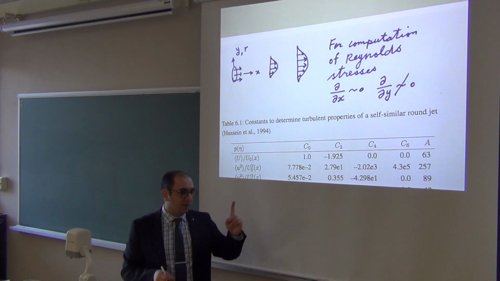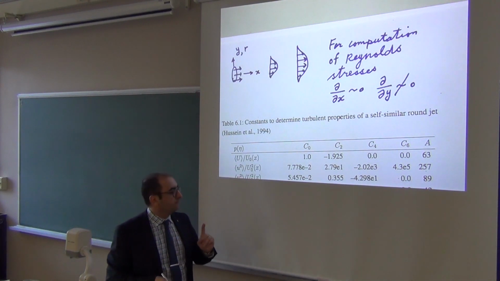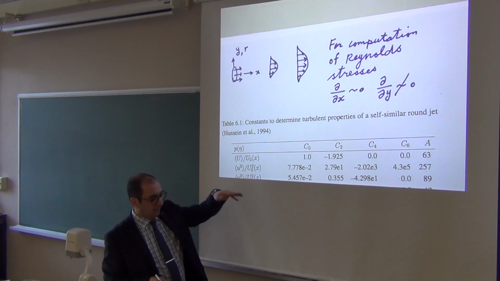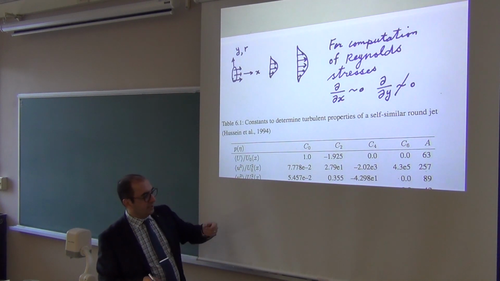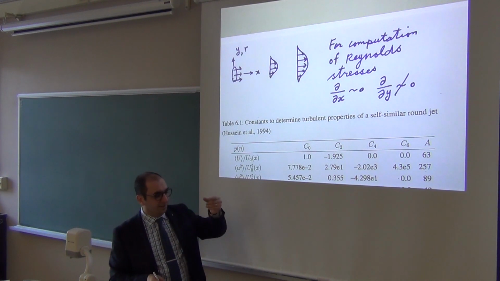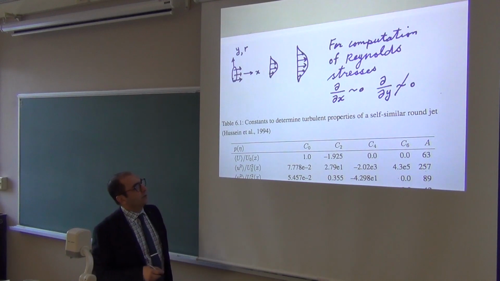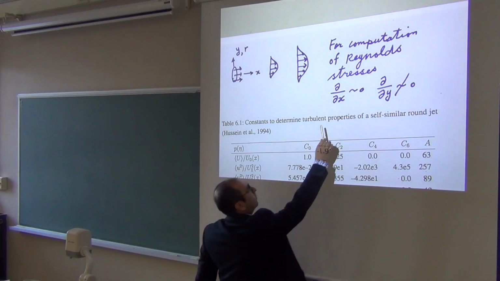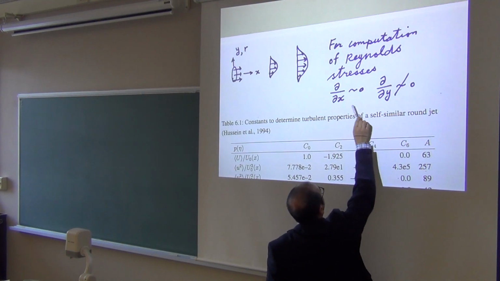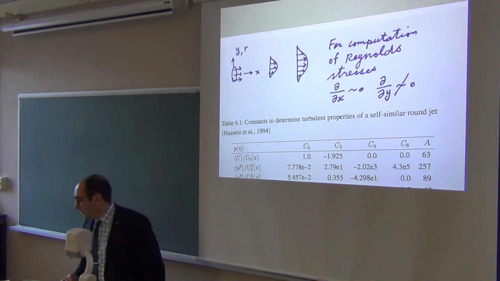Fluctuations of v don't vary appreciably along the jet, or uv or uw. But in the radial directions, they start changing significantly. So u here is different from u here, is different from u here. Okay, so I'm only writing these for the components of Reynolds stresses, not mean quantities. Obviously, mean velocity varies. The jet slows down and whatnot.